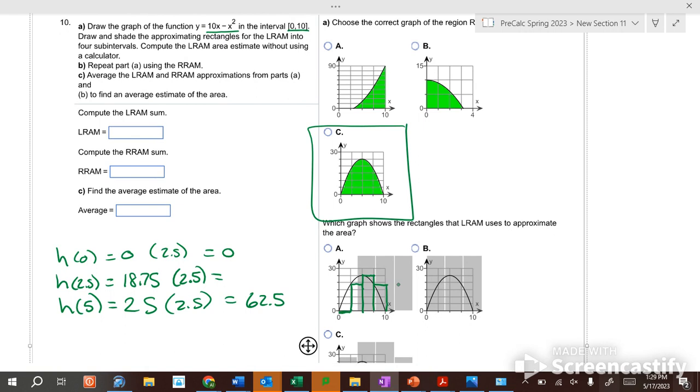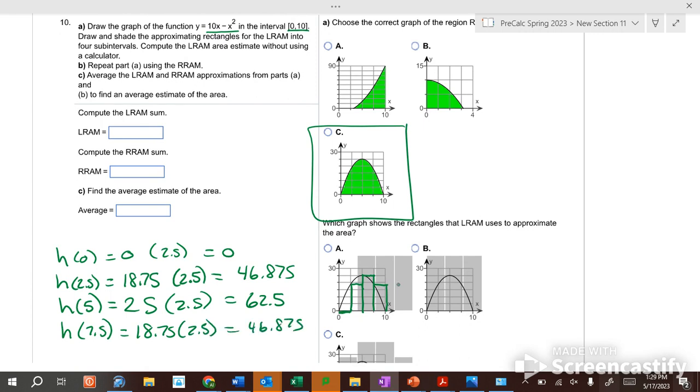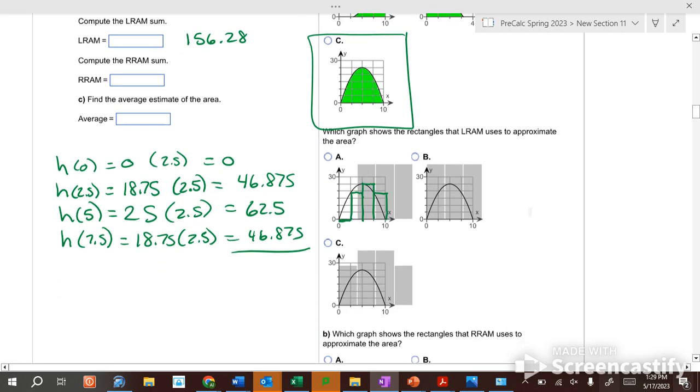Take that times 2.5. 46.875. And then the height at 7.5 is probably 18.75, right? Times 2.5 is 46.875. If we add these 4 up, which is really adding 3 of them up, what do we get for an LRAM? 156.25. Okay. Now we're going to do the RRAM.